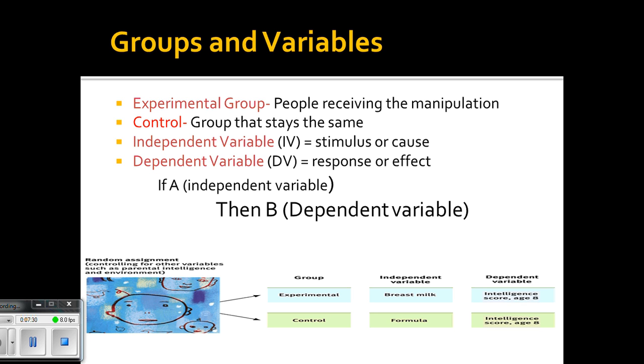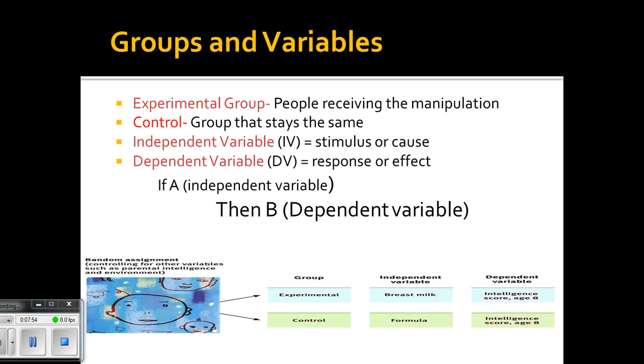The dependent variable is the response, what's going to happen. So I remember if you do the independent variable, then the dependent variable is going to happen. So if I give coffee, then how many terms you're going to remember. So the independent here would be the coffee. The dependent variable would be the results of the task.